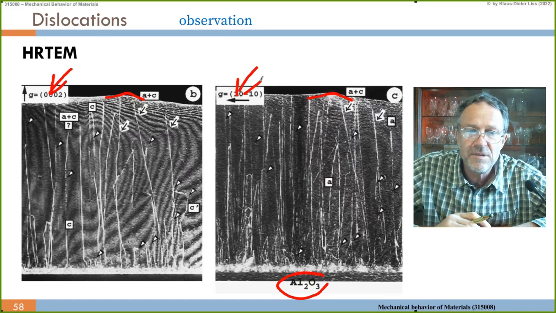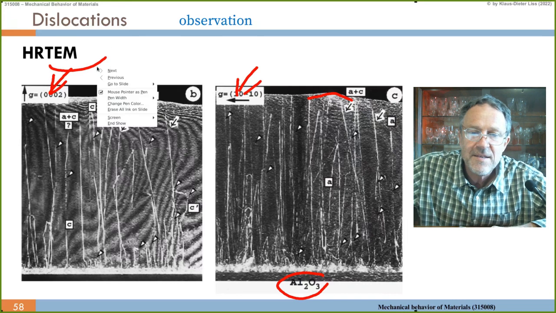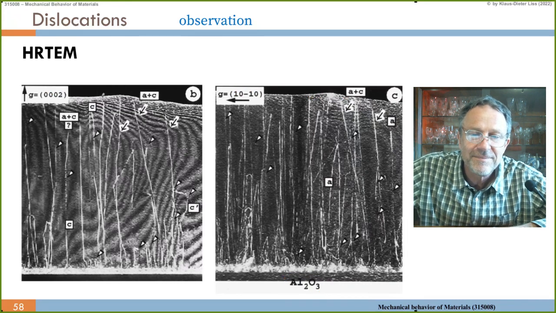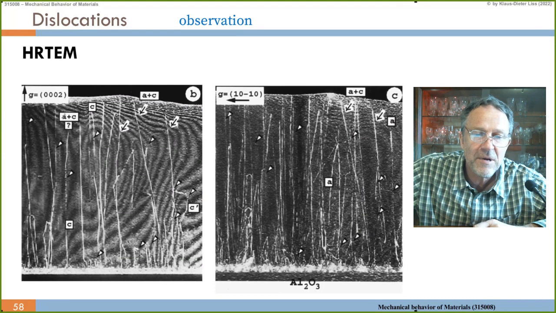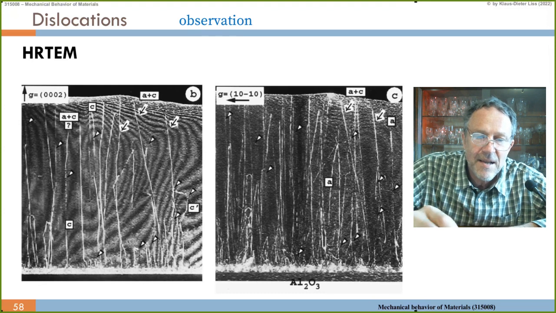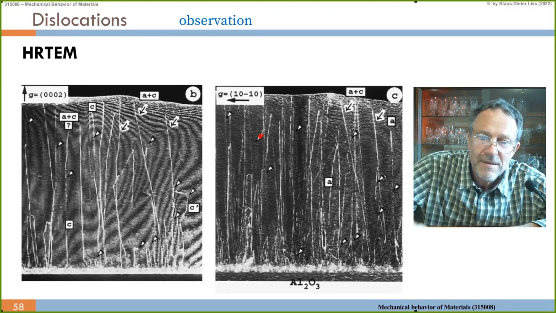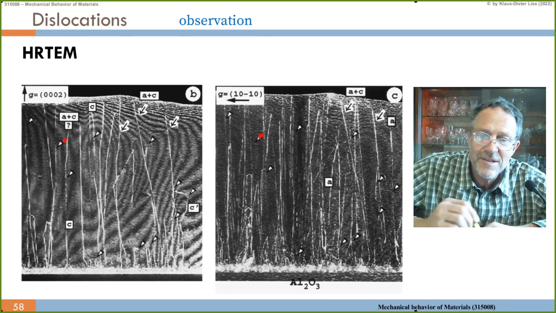So high resolution transmission electron microscopy. Four indices means it's a hexagonal structure. And in the hexagonal structure you can have Burgers vectors along C, you can have Burgers vectors along A and C, and you could have some along A as well. And if you work out now the extinction rules, the contrasts, then you can see sometimes we have these little arrows here pointing to the dislocation line to the left.